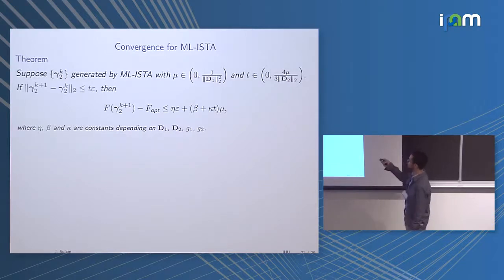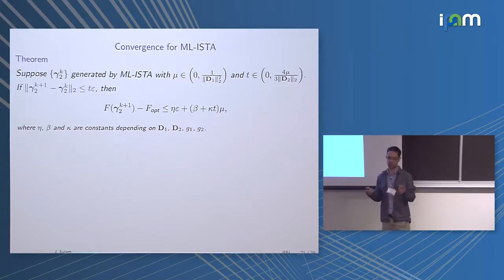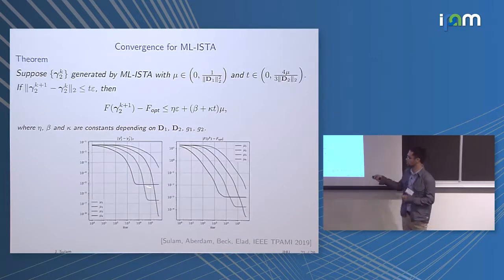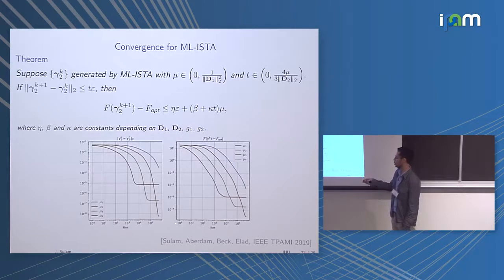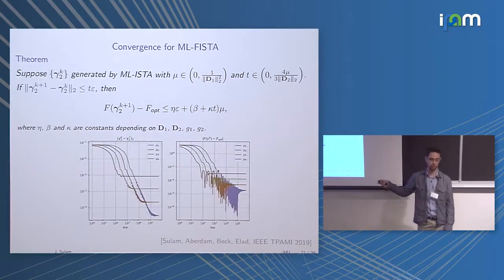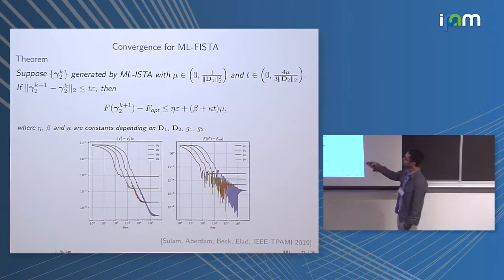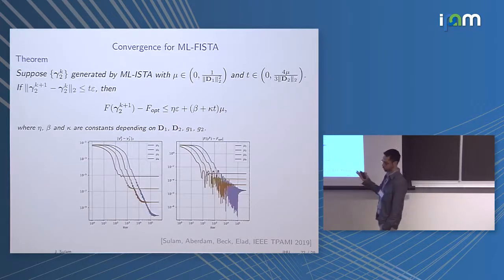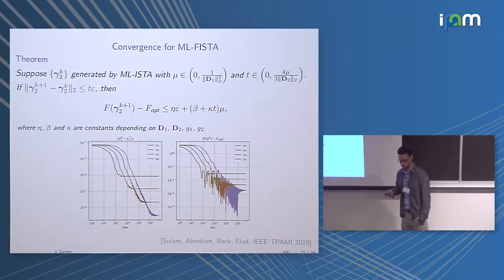And there's a trade-off here with the step sizes at every layer, so that you can either converge very fast and be relatively far from the optimum, or if you decrease the step size, you can get arbitrarily close to the optimum of your original function, again in function value. And this is for ISTA, and if you do this in FISTA, you get a very nice improvement in convergence rate. Now, this result says nothing about the rate of convergence, and we are pretty sure that those rates can be found, and this is ongoing work.